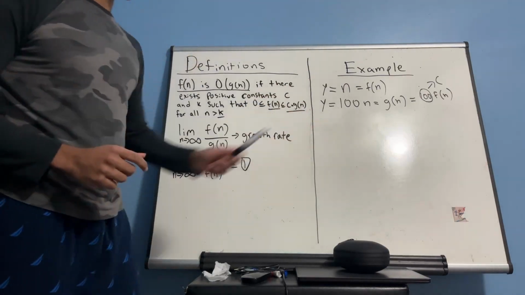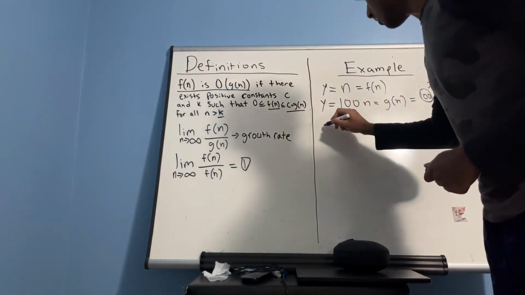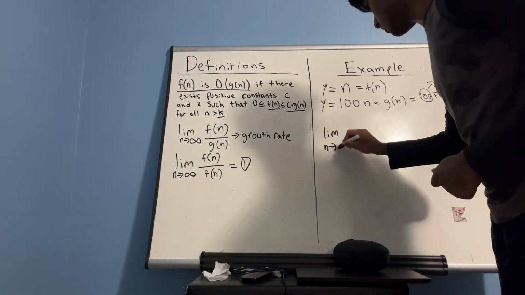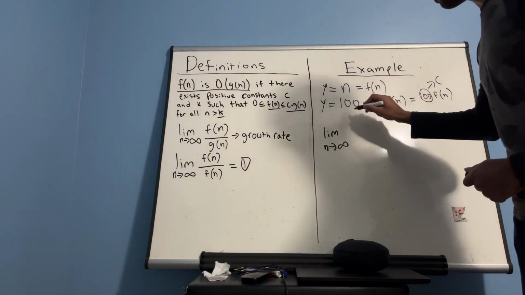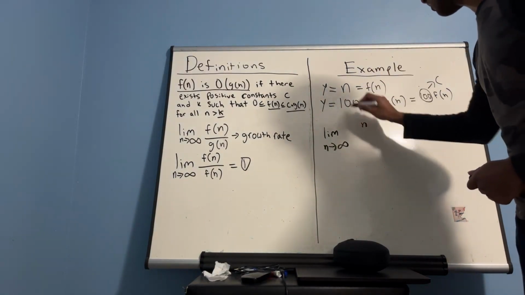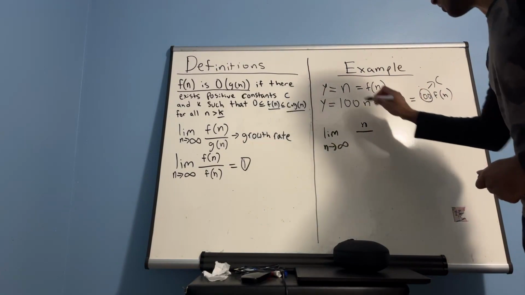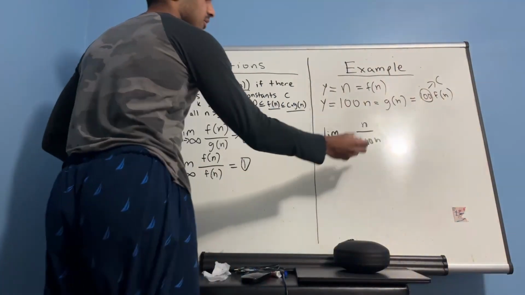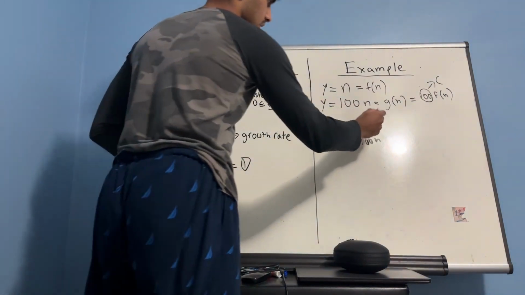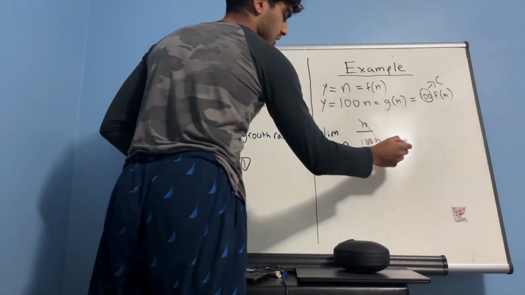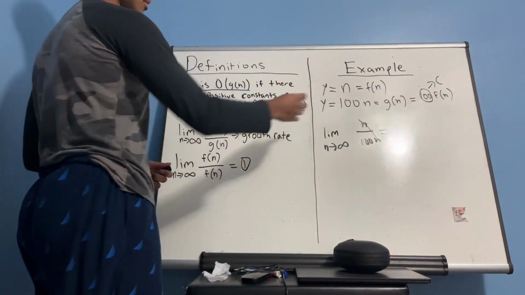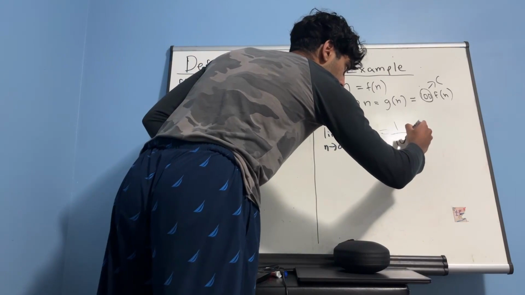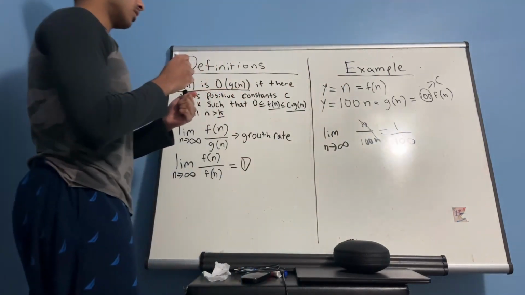And if we do that over here with both of the functions, we'll get the limit as n approaches infinity of f of n, which is n, over g of n, which is 100n. If you remember from calculus, to find the limit of this, you can just cancel the n out, and the limit of a constant is just a constant, so this will be the limit of 1 over 100.